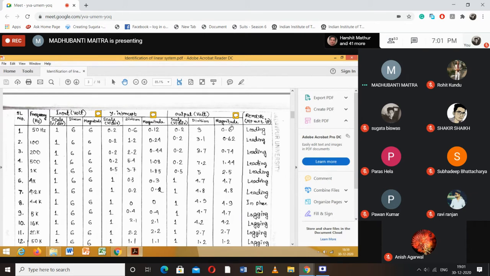Clear? And this we denote as 2B, peak to peak. This is also peak to peak. Clear? And I'll come to this y-intercept later on.